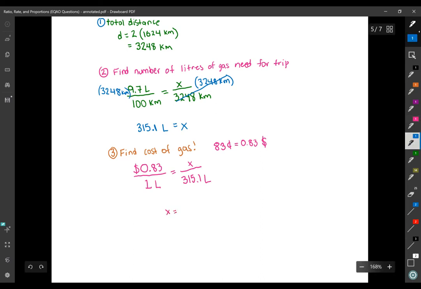So again, I multiply both sides by 315.1. And I do that so it cancels out and I'm left with X. So 315.1 times 0.83 divided by 1 is equal to a total cost of $261.53.